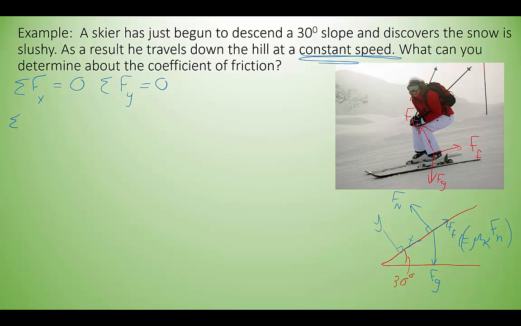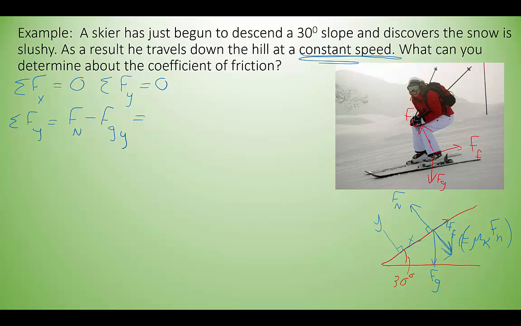The sum of the forces in the y direction are going to be the normal force minus the force of the weight in the y direction, which we can quickly determine as being this component here.